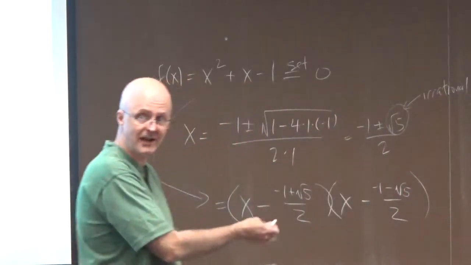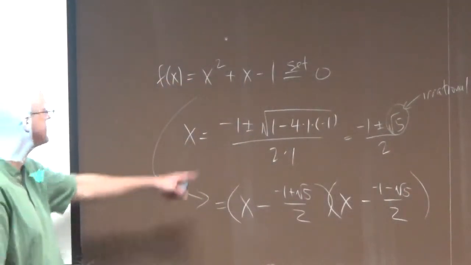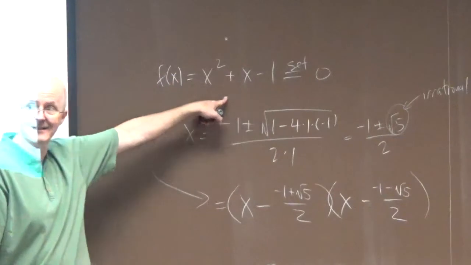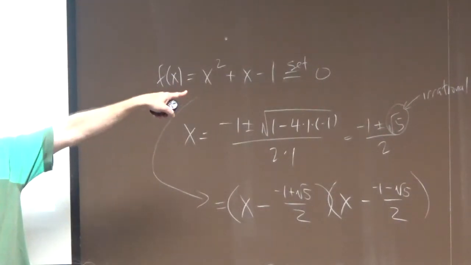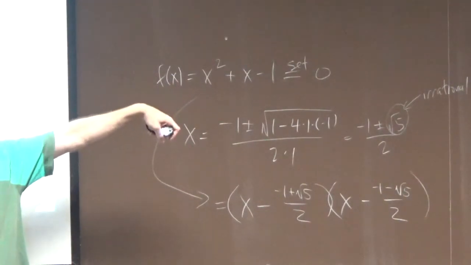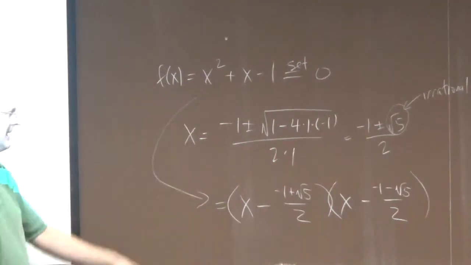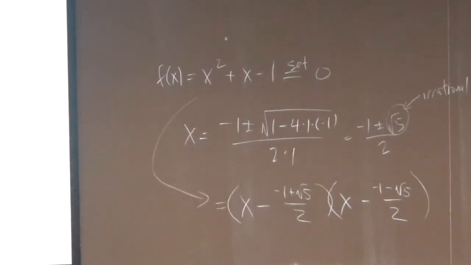And you can check this. You can actually FOIL this out, and if you don't make any mistakes and you simplify, you should get this. The square roots go away. Okay, I'd encourage you to check that after class. So it's theoretically possible, but practically it's difficult, and you may not realize that that's possible to do, even if you can use the quadratic formula, although I'm telling you it is possible.